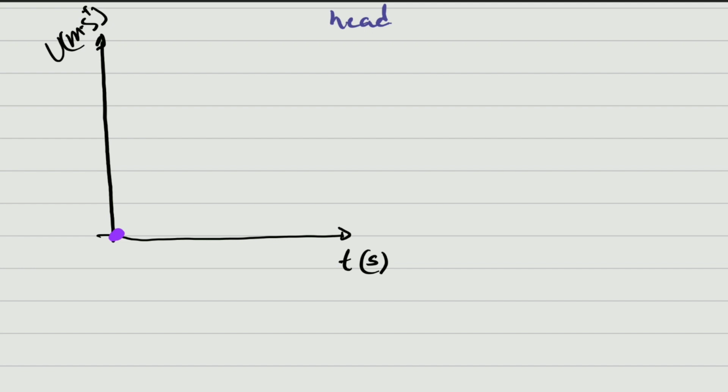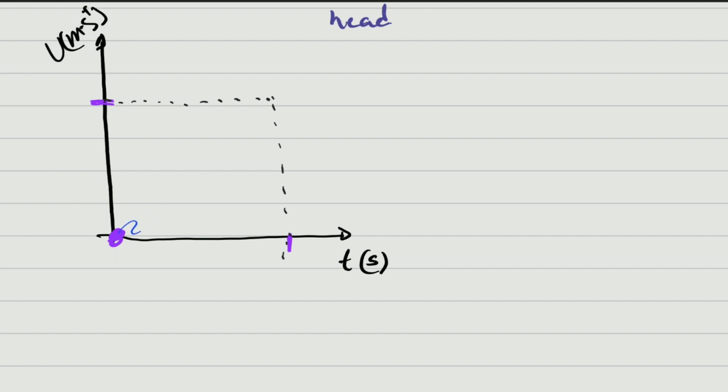It means that after some time, and we're not going to put any values here, we're just going to draw a shape. Okay, after some time, whatever the time is going to be, the velocity must have increased from 0 to any number there.